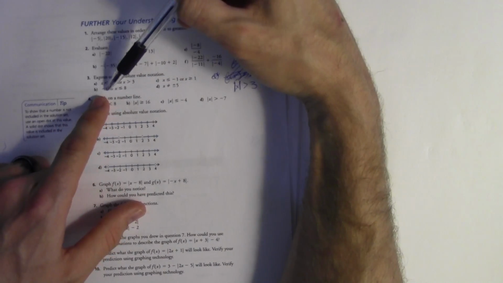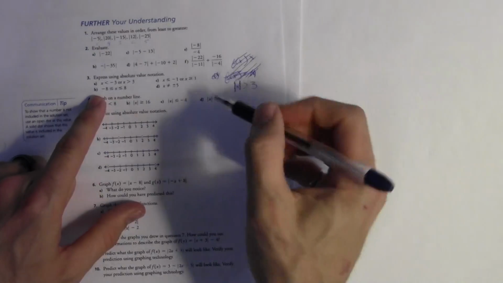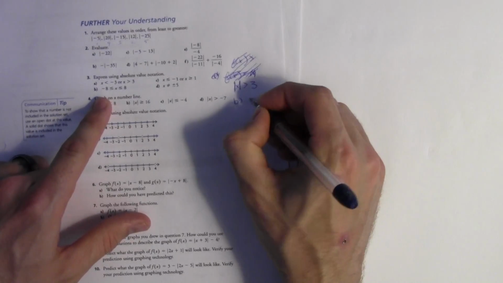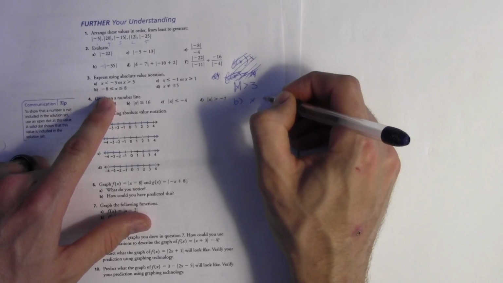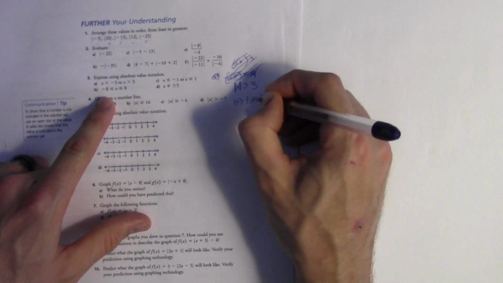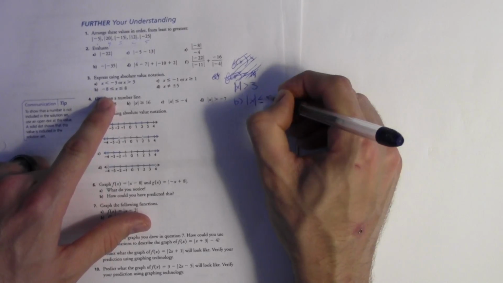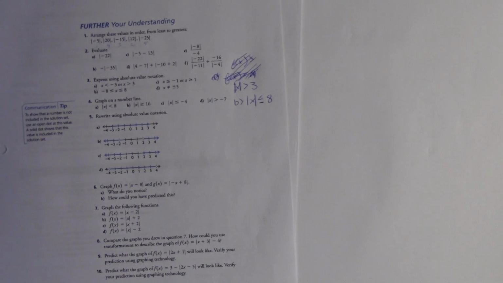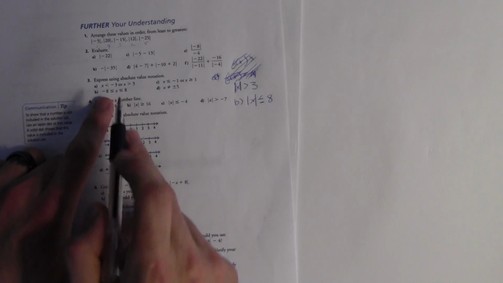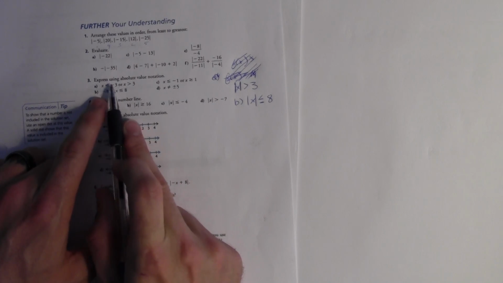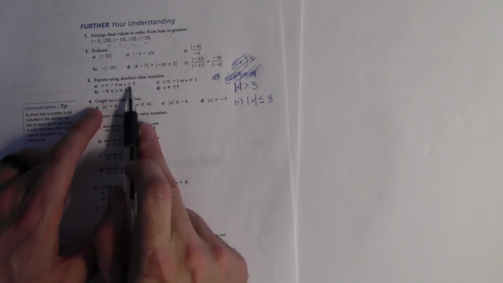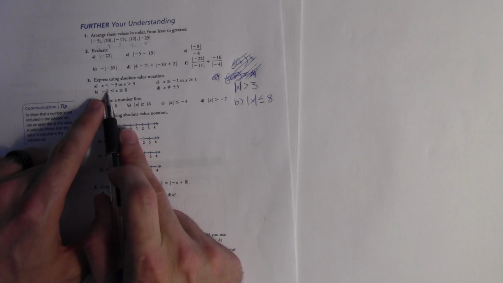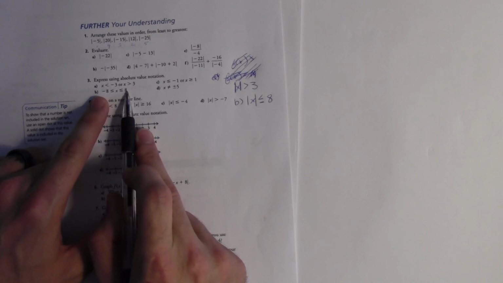So if we look at a second example, b, well, let's look at b. The absolute value of x is going to be less than or equal to 8. Okay? Because between negative 8 and 8, this is a function that represents all the values between negative 8 and 8.